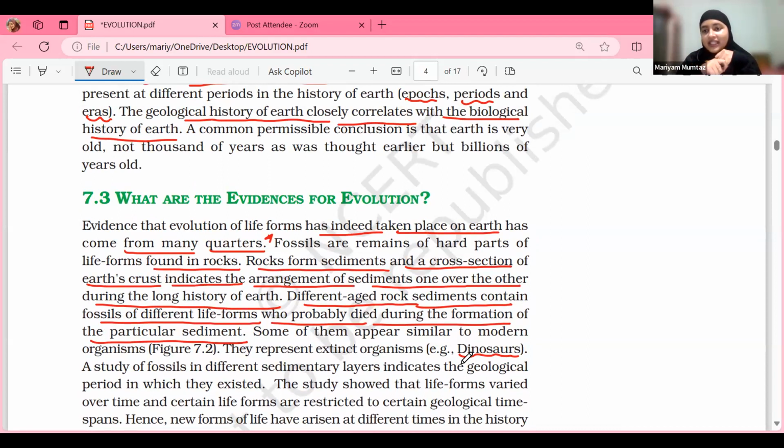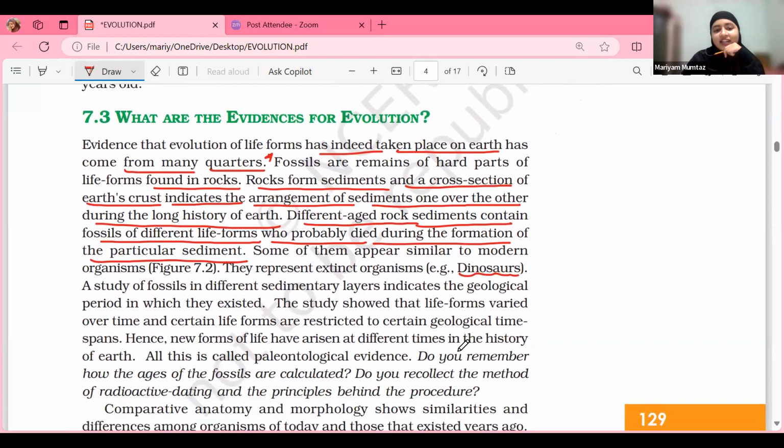It starts with the P. Is it something like cryptology? Paleontology. Oh, I see. Then I'm wrong. Yeah, paleontology. So that is the study of fossils. So the evidence that comes from studying fossils is paleontological evidence.